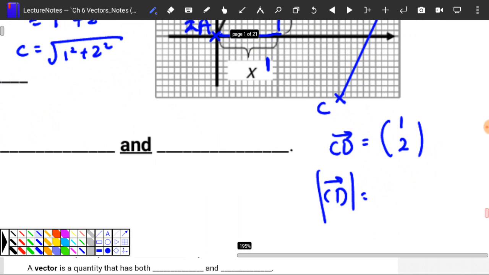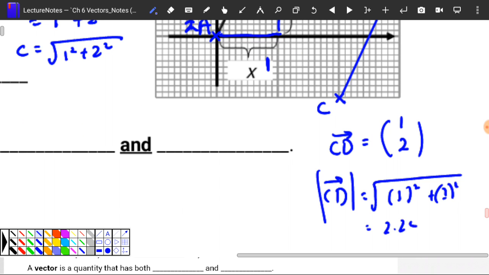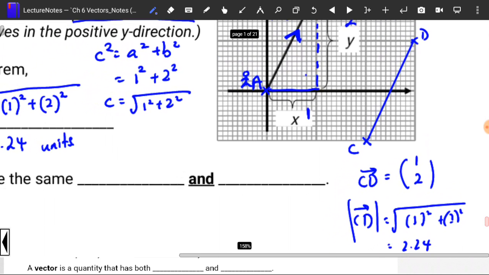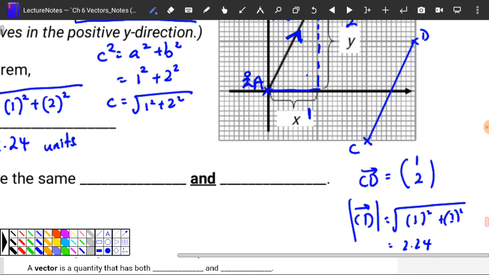So 1, 2, and over here is still 1 squared plus 2 squared. And this is still 2.24. Is there a 2y? The answer is no. So this number 2 just represents the number of vertical units.